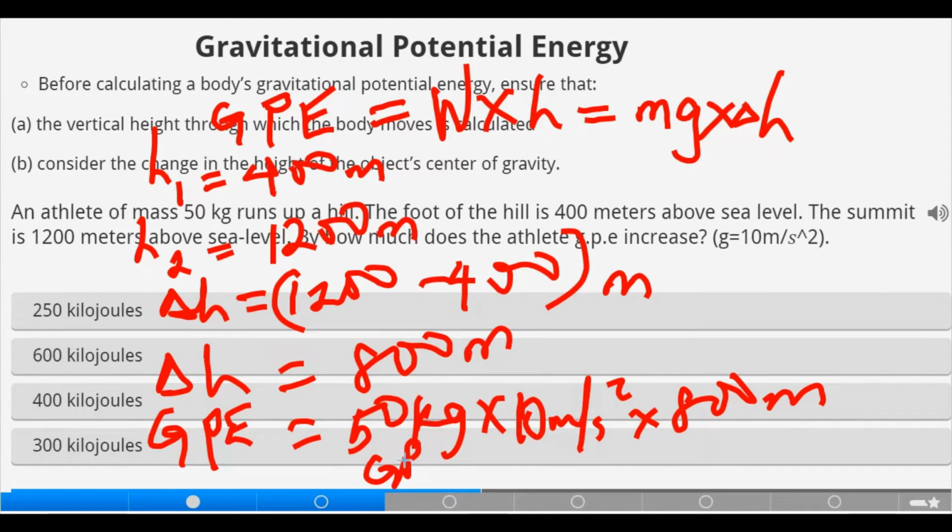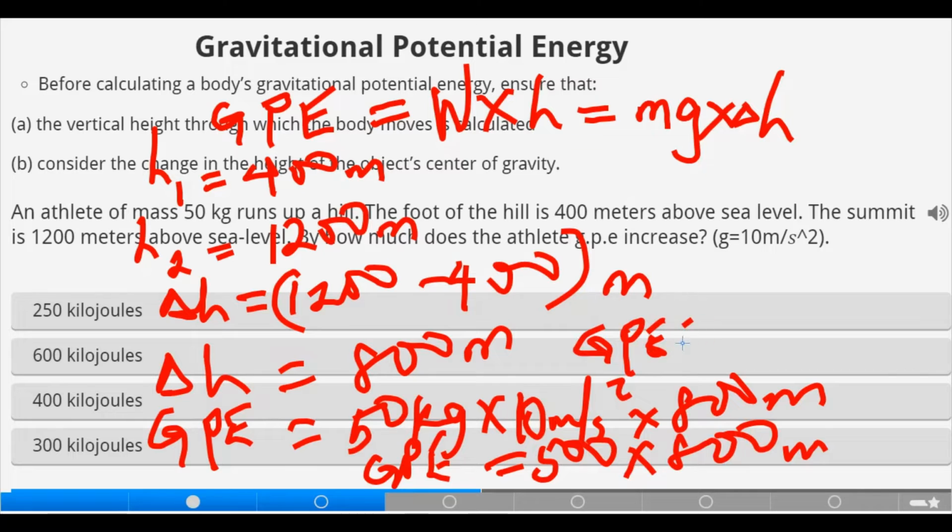So Gp now is equal to 50 times 10, that's 500, times 800 meters. So at first, we have 5 times 8, that is 40. Then you take the remaining zeros with it. How many? 1, 2, 3, 4. So here now we have 400,000 joules.